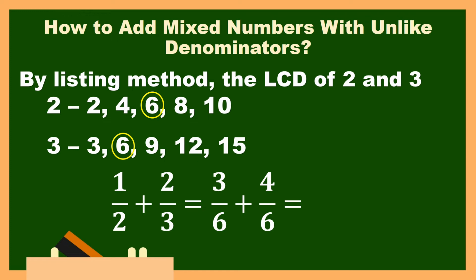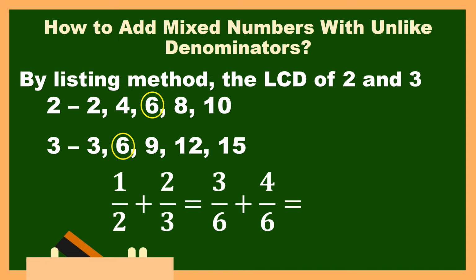And minultiply yung result na 3 doon sa numerator na 1. So, 3 times 1 is equal to 3. And, again, i-divide natin si common denominator na 6 sa kay 3. 6 divided by 3 is equal to 2 and multiply the result to the numerator which is 2. So, 2 times 2 is equal to 4. Kaya nagkaroon ng equation na 3/6 plus 4/6.